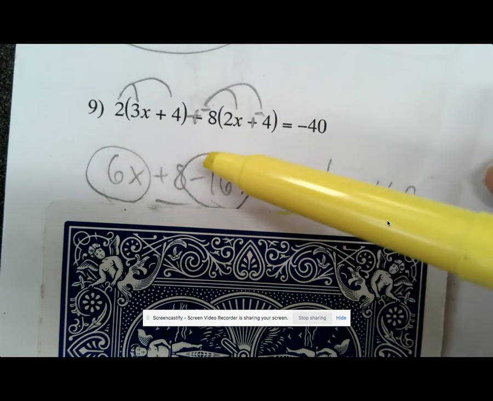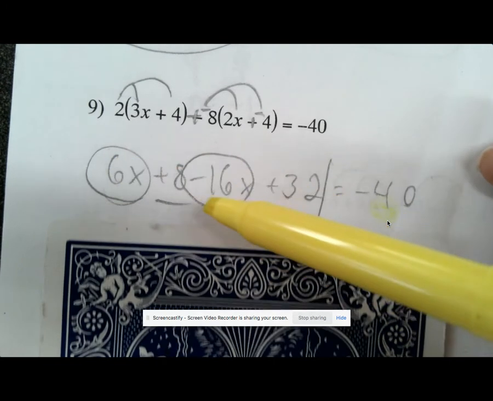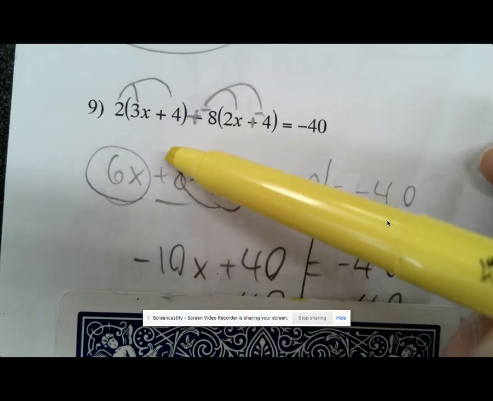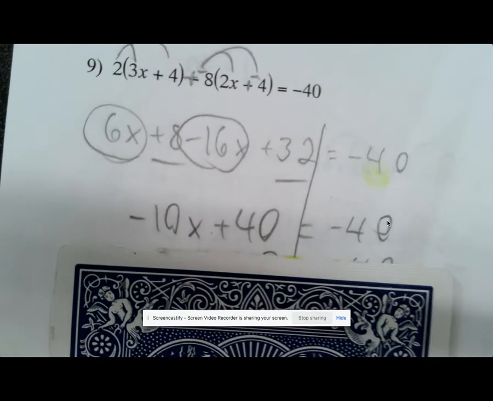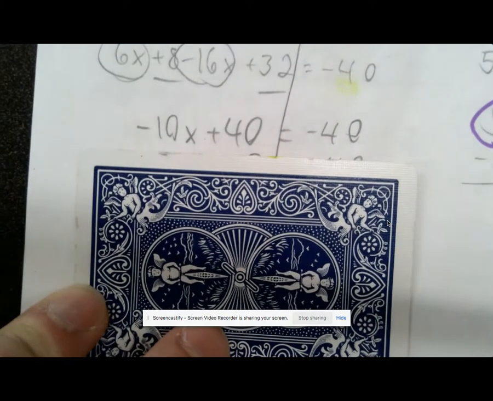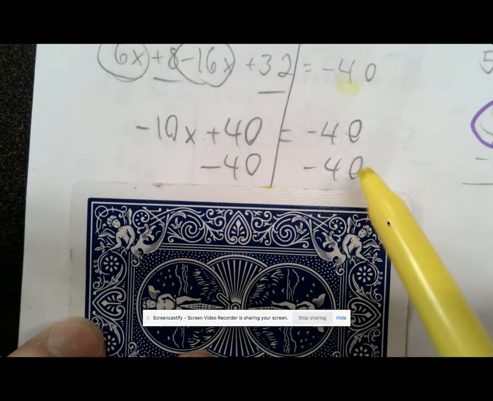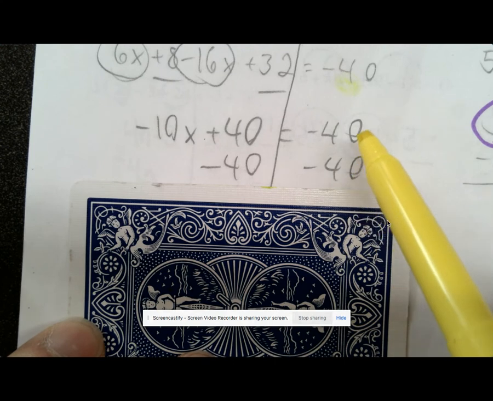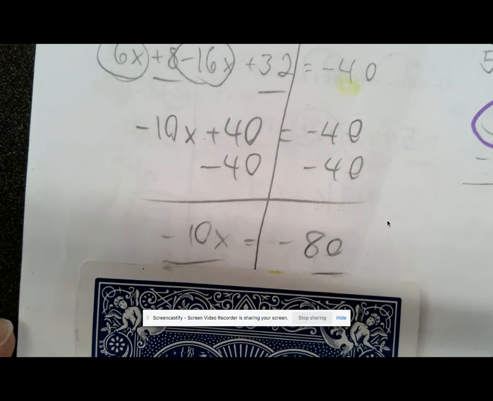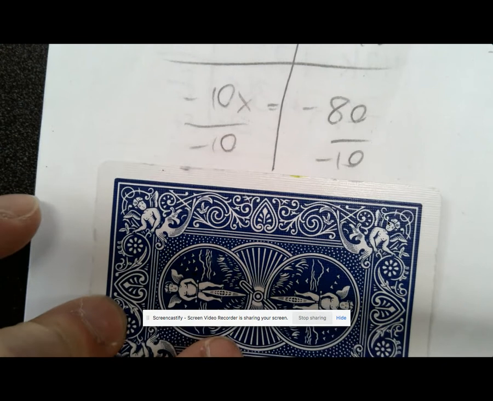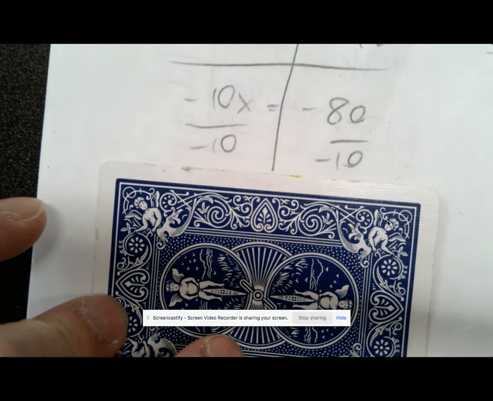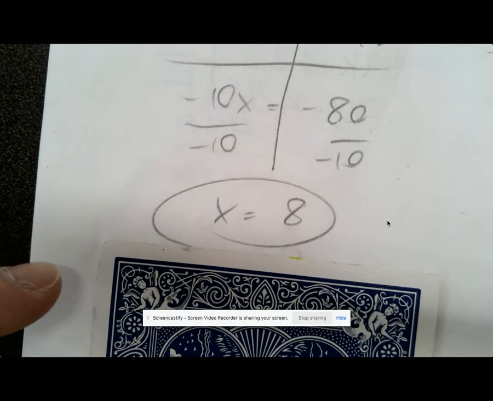Combine the like terms, that's -10x, and then 8 plus 32 is 40. A lot of dividing by -10s on these last page here, so -10 on both, -40. Again, this is going to be -80 here. Divide by -10. Finally, the answer is not going to be 6 or -6. It's going to be +8.